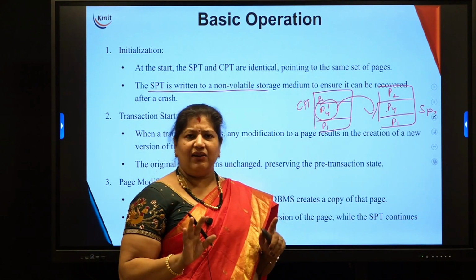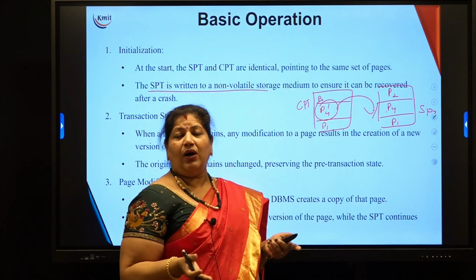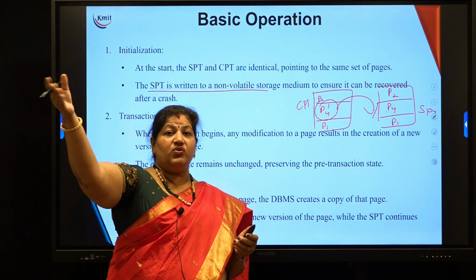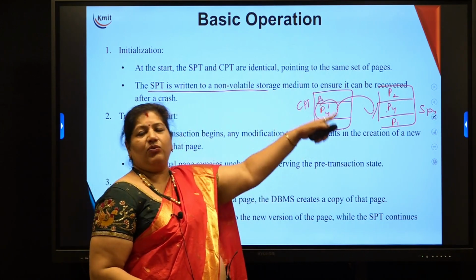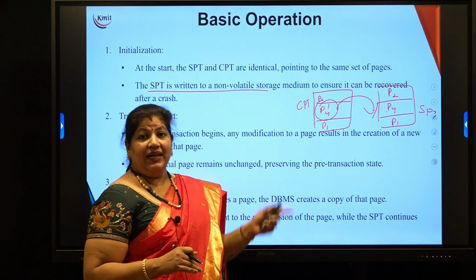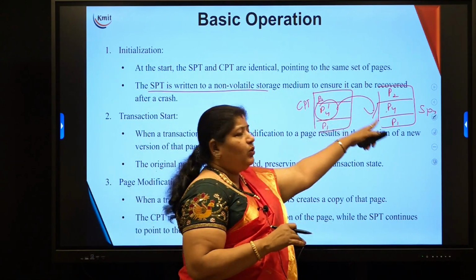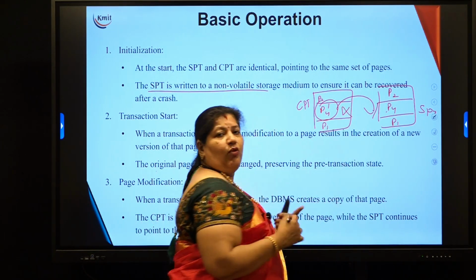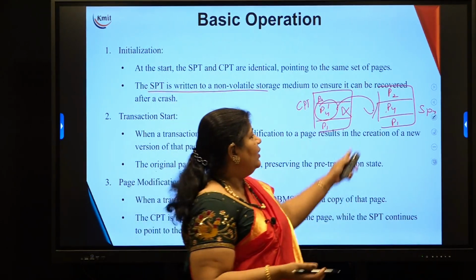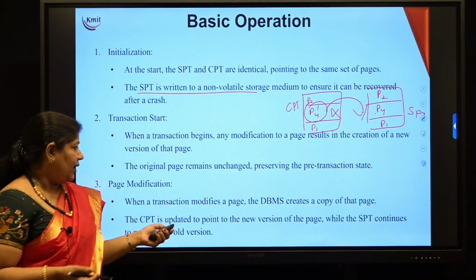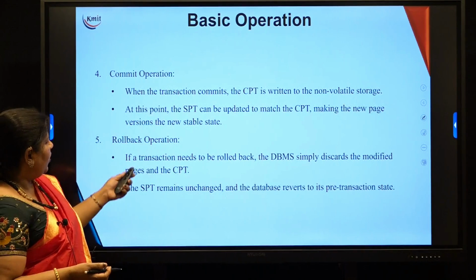It is updated because the SPT needs to be used for the next transaction. What about rollback? In a rollback, don't write this at all. These page changes I don't want, they have to be neglected, so just depend upon the shadow. You don't write it onto the database. That is the rollback operation.